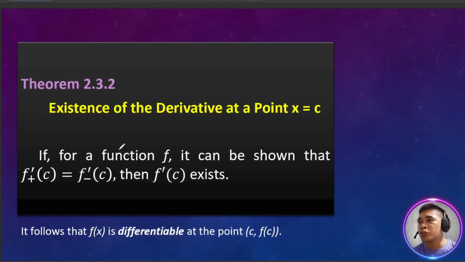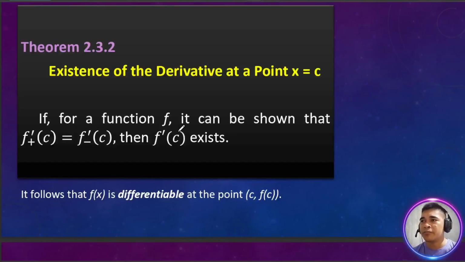So we have this Theorem 2.3.2, existence of the derivative at a point x equals c. Take note: if for a function f it can be shown that the right-hand derivative of the function f at point c is equal to the left-hand derivative of the function f at point c, then the derivative at c exists.